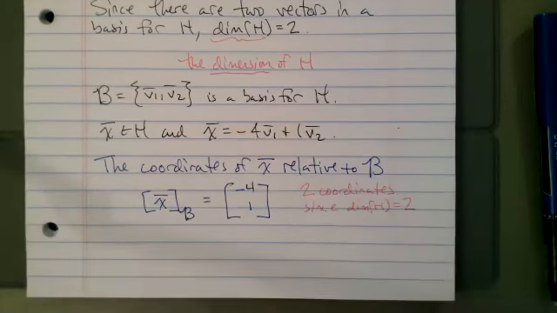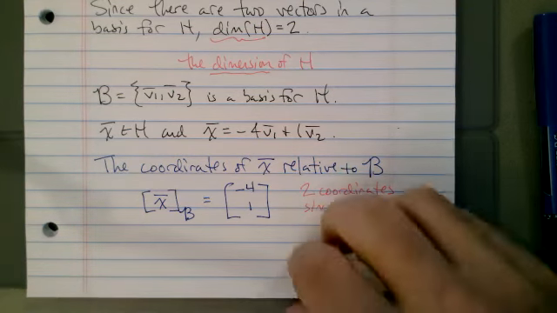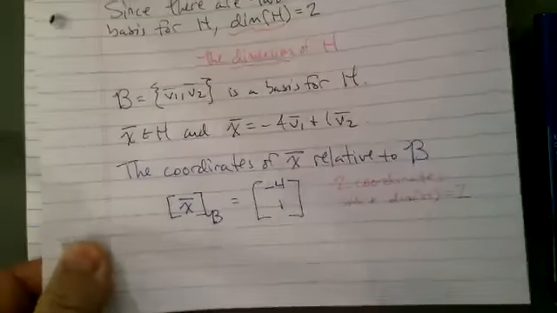So since H is two-dimensional, we can use a coordinate map to make H look just like R2, but H is not equal to R2. So I'm going to write that sentence down.